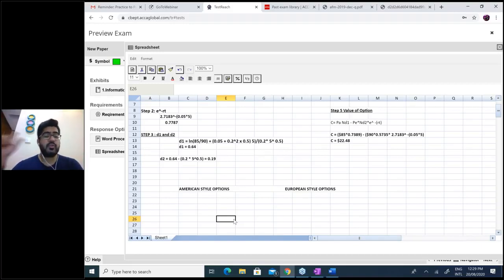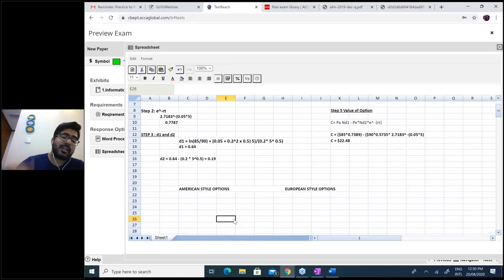So American style options give an expiry period of, let's suppose, 3 months. The difference is that they can be exercised anytime during those 3 months. But European style options, if the expiry period is 3 months, can be exercised right at the end, last day of the third month. Let's suppose the expiry is 30th January 2021.